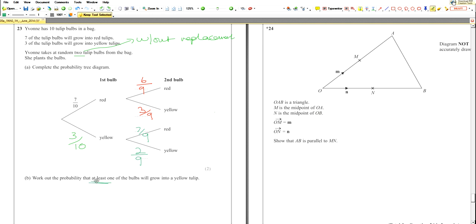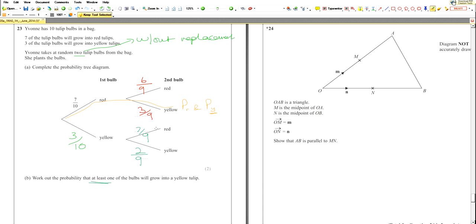So in this case, at least one of the bulbs is yellow, which means one of them should be yellow or both of them should be yellow. So let's have a look at which possibilities will give us 1 or 2 yellows. If we start on the red one first, we can select a red first, followed by a yellow. That's got 1 yellow in it. So that's probability of a red and probability of a yellow.